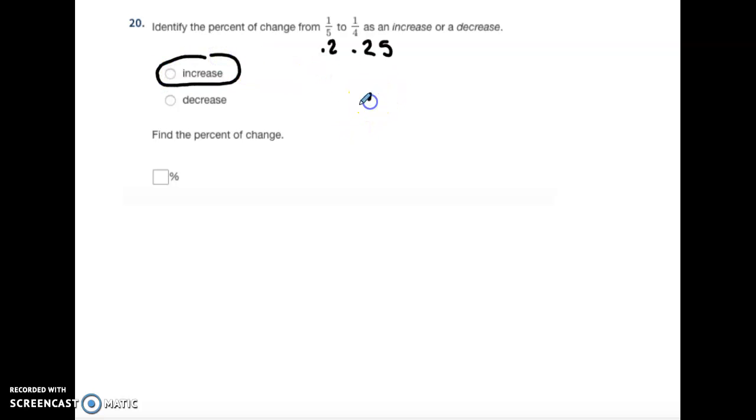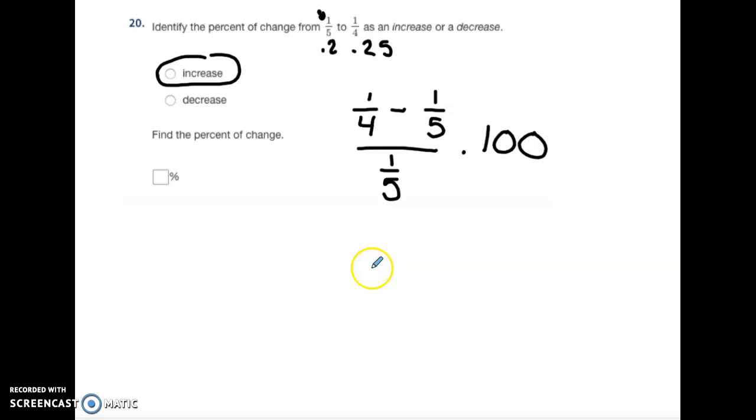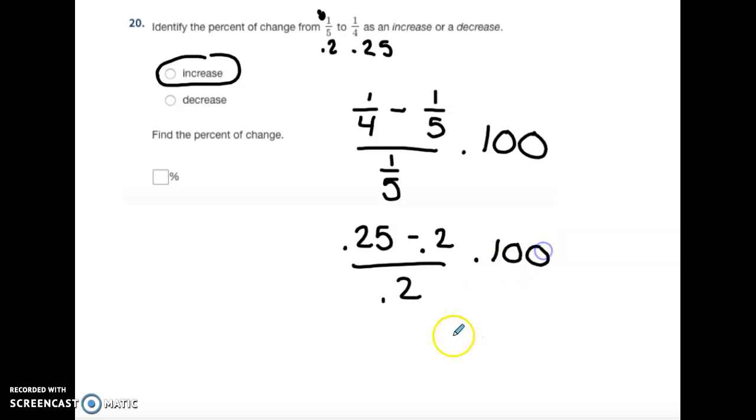Now let's do the bigger number minus the smaller number over the original number, 1/5, times 100. Again, I have a feeling it's going to be easier for you to look at as a decimal, so I'll write it as a decimal as well. 0.25 minus 0.2 over 0.2 times 100. Put that in your calculator, and we get 25%.